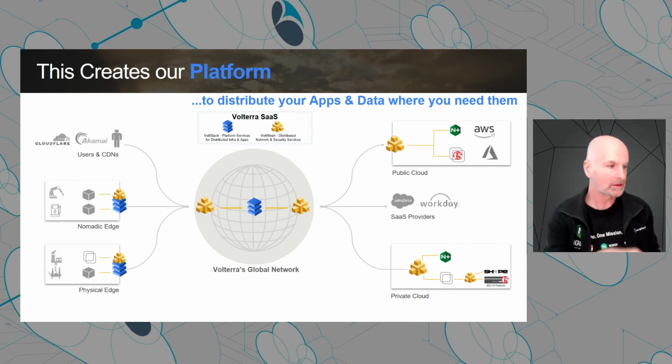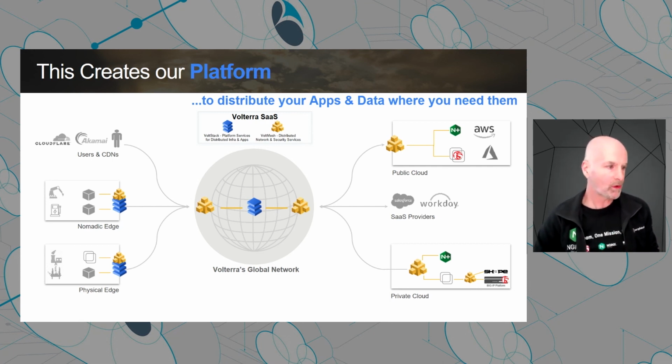So in the middle, you have this Volterra global network. That is made up of the 33 POPs, the regional edges. And if you wanted to, you could deploy your application onto our Kubernetes that's distributed at our edge, and you don't need anything else.